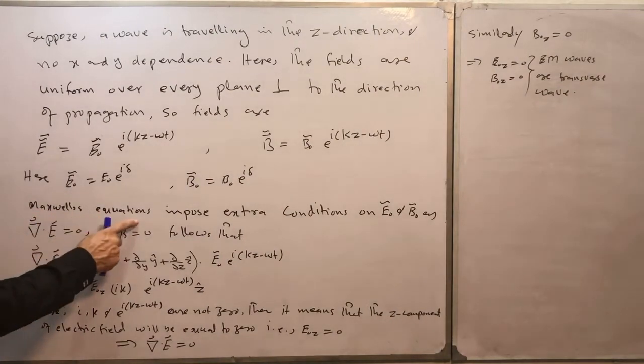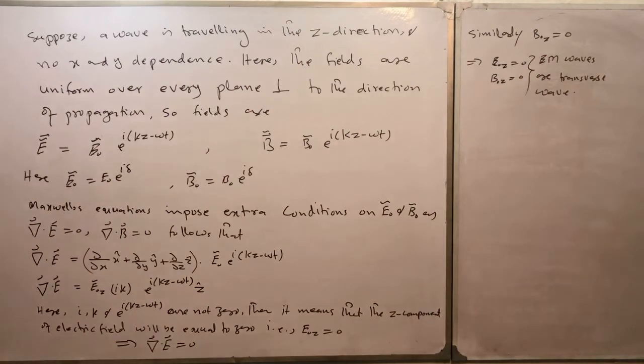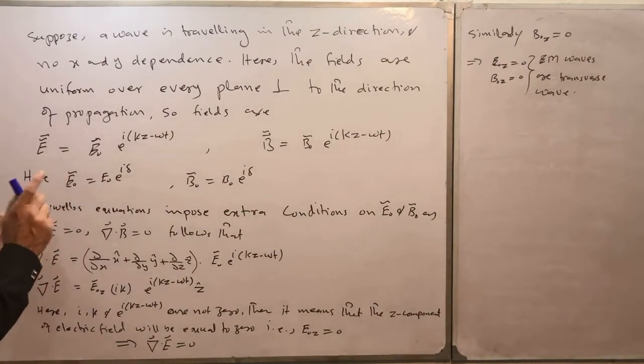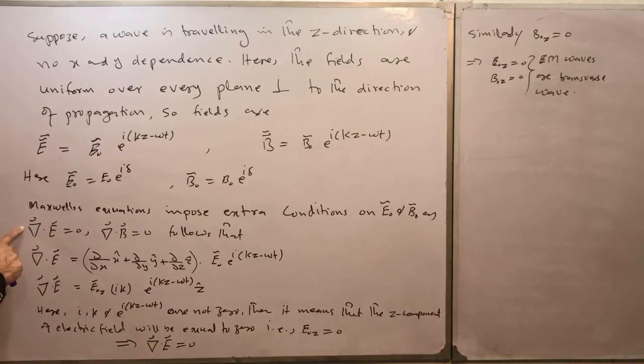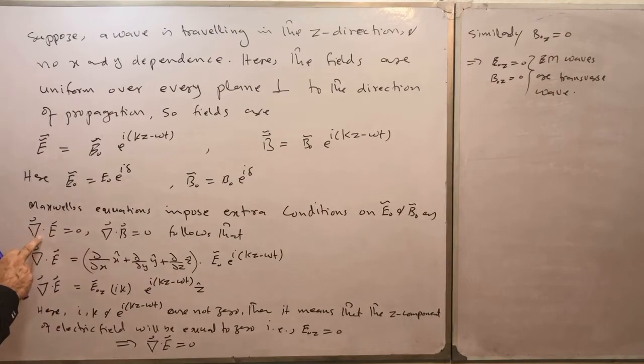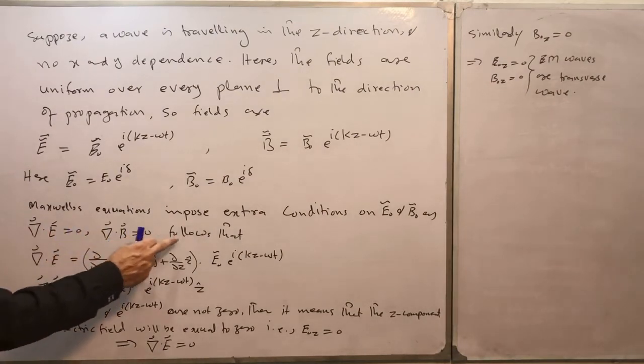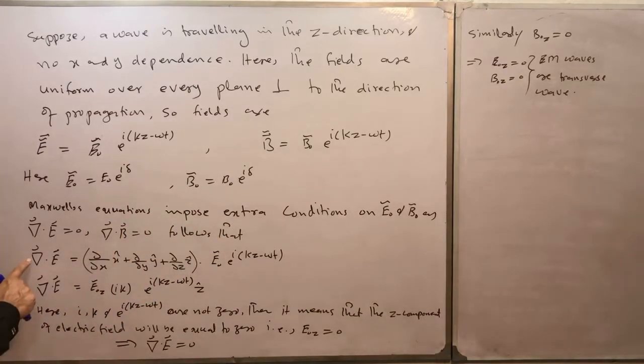Here, Maxwell equations impose extra conditions on E naught and B naught. What are the conditions? The divergence of the electric field is equal to 0 and the divergence of the magnetic field is equal to 0. How can we prove that the divergence of the electric field and the divergence of the magnetic field are 0? We will consider the divergence of the electric field.